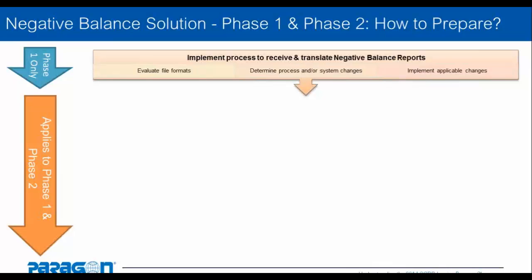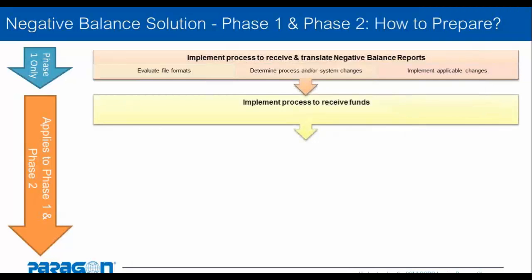If your process is automated or manual, the high-level requirements will remain the same here. You'll either be updating your systems or your processes to translate and summarize data for tracking. Since this is a one-time event, you may want to consider just handling this as a one-off process. Either way, you'll need to implement applicable changes to update your systems or to update your processes, or both, in order to support the processing of negative invoices for this phase.